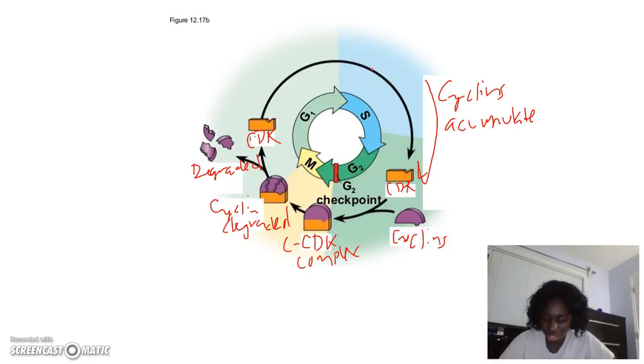This is an example of a mitotic cyclin, which would be MPF. The cyclin accumulates gradually during G2, as seen here. Once at a high enough concentration, they can bind to CDKs. When this complex forms, it acts as a signal for the G2 cell to enter mitosis. And once the cyclin degrades, the MPF is inactivated, and the cell exits mitosis by dividing into two cells, as we saw in the first slide of this PowerPoint.